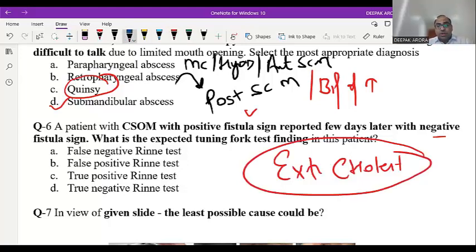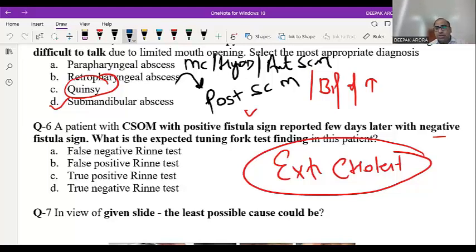What is the complication? One of the important complications of later stage cholesteatoma can be sensorineural deafness. It can damage the inner ear. Labyrinthitis can be one of the important complications. Now, what is the expected finding? In the late stage of CSOM, that is cholesteatoma, what can be the possibility? One, the examiner is giving you true positive or true negative.